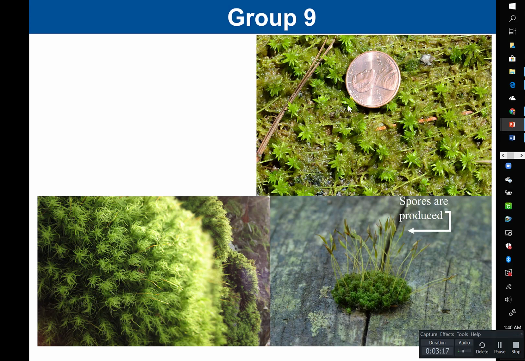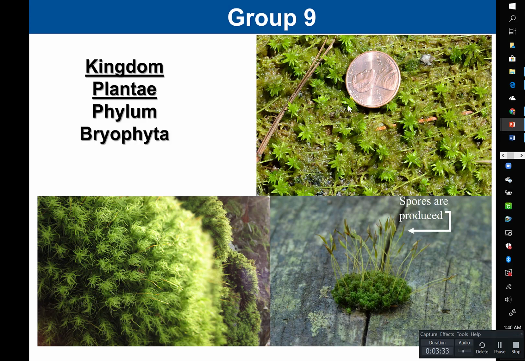These are mosses. And so for the mosses, what they have in common, let's start first with the taxonomy. So you want to think about and look at for group number 9, what did you classify those organisms as? And if you said they were in kingdom Plantae, phylum Bryophyta, you would be correct. These are the bryophytes. These organisms, these are plants.